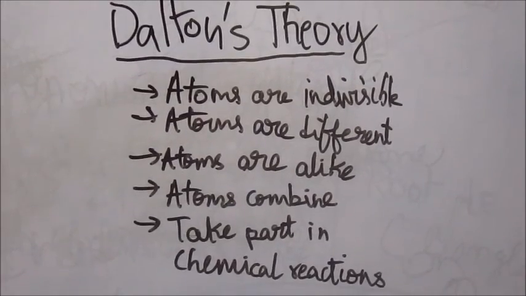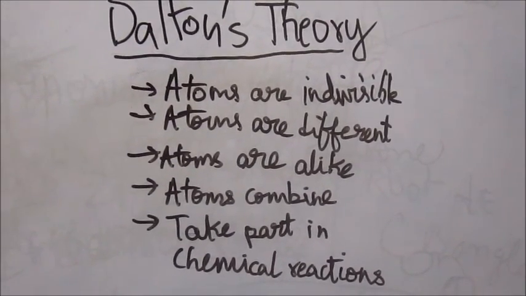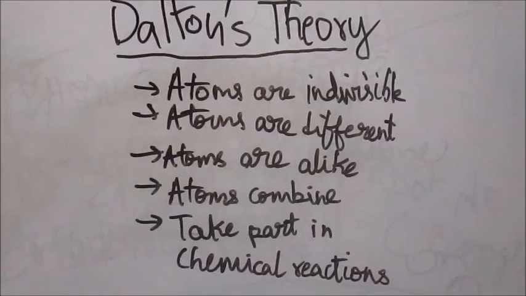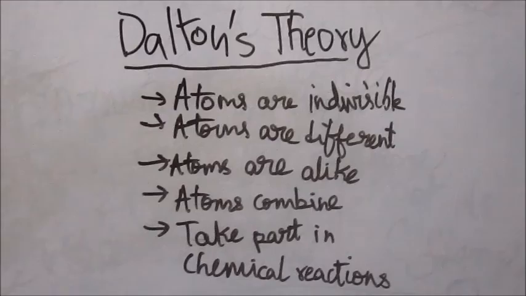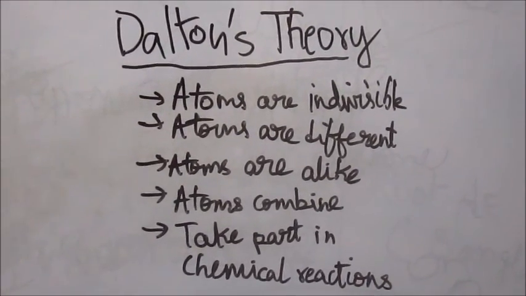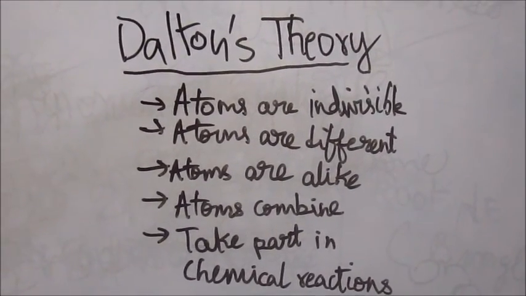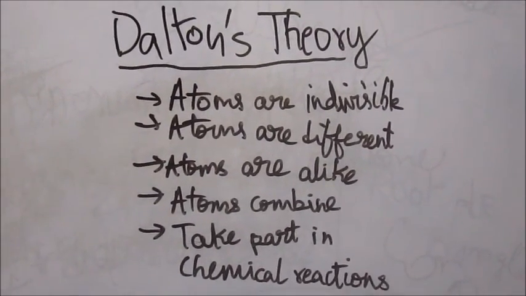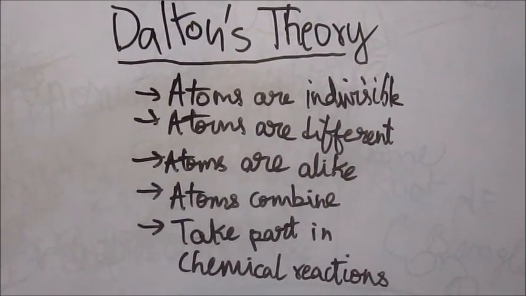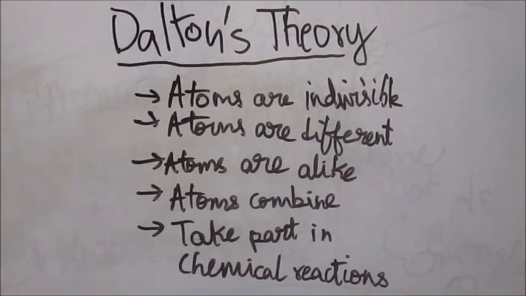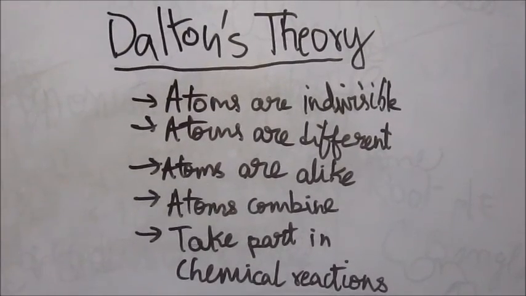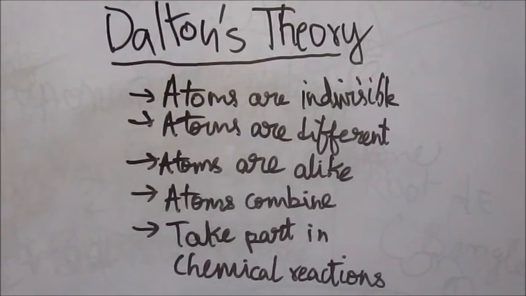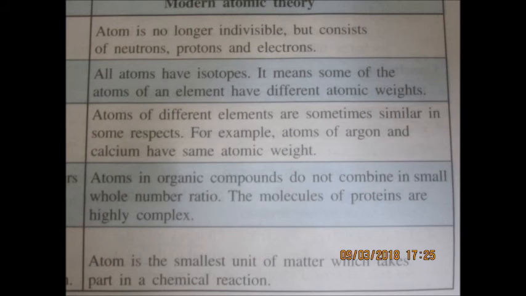And also the third one is that atoms of the same element are the same in all respects. Next up, he told that atoms combined in small whole number ratios to form compound atoms or molecules. He also told that the atom was the smallest unit of matter that takes part in a chemical reaction. This is a view of the modern atomic theory.